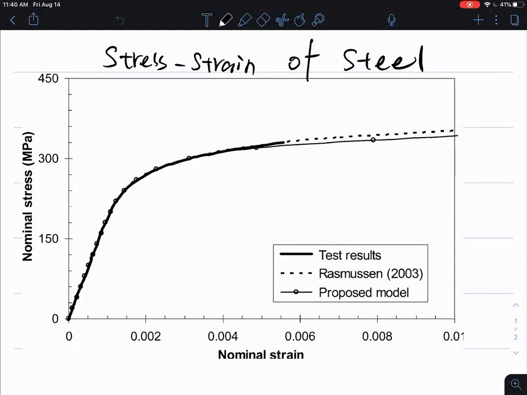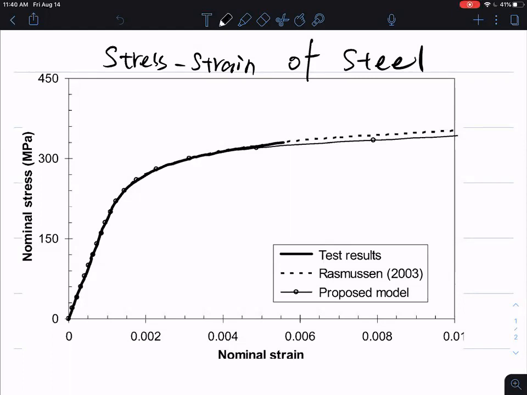In order to find yielding stress, first look at this curve. This curve has a smooth transition between the linear and nonlinear region. So we want to use the 0.2% offset. So what to do? How to do that?